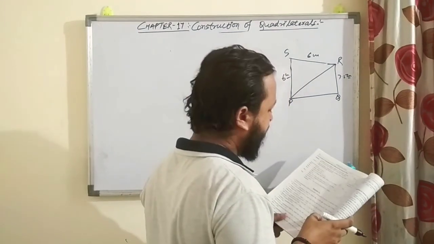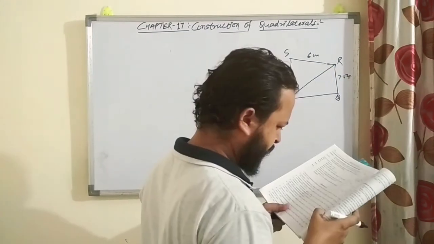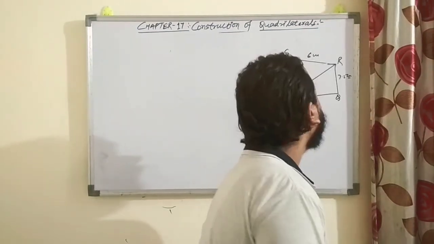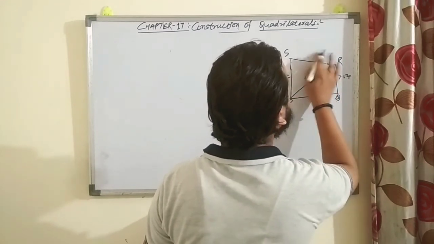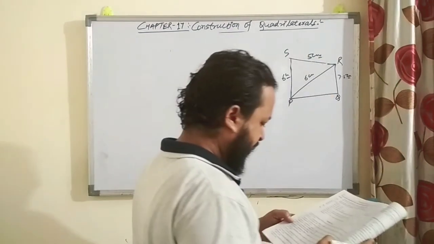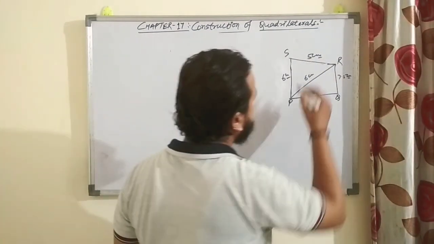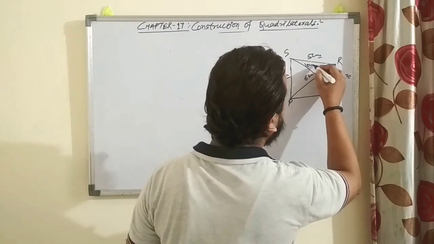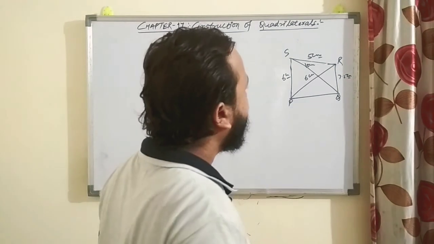Now RS is 5 centimeter. PR is this, 6 centimeter, this is 5 centimeter. And QS is also given, the second diagonal length is also given, that is 10 centimeter, right? You have to find out the length of PQ.